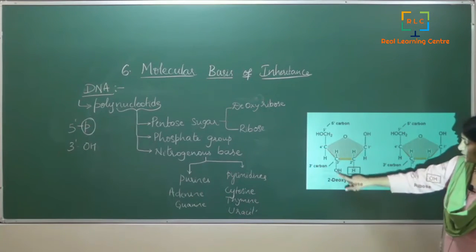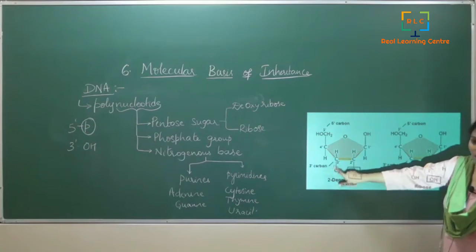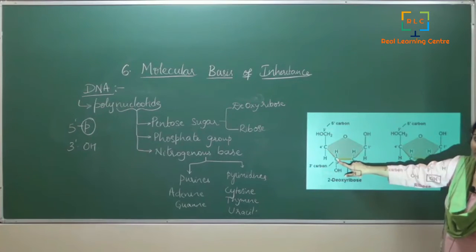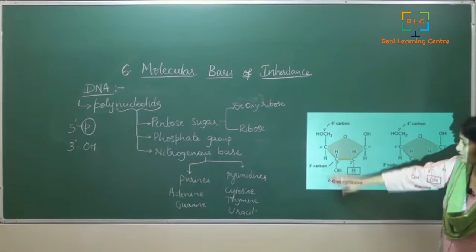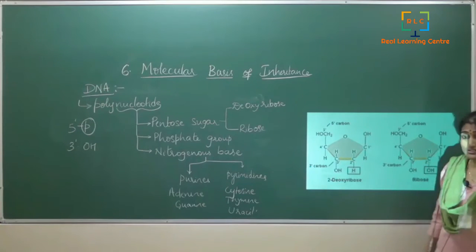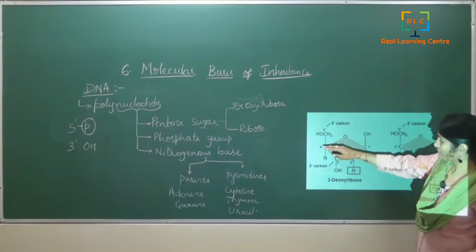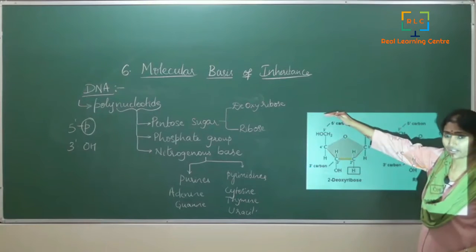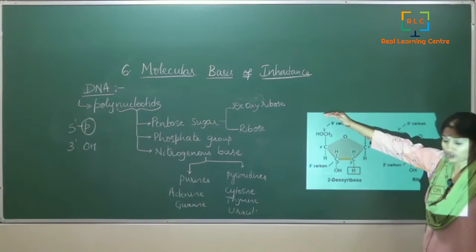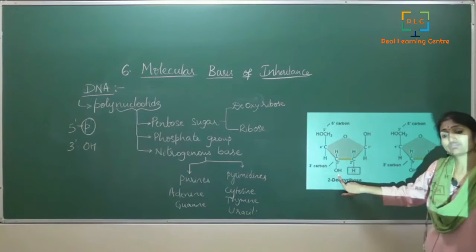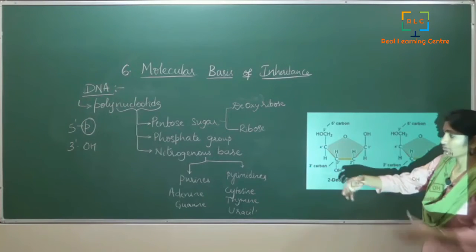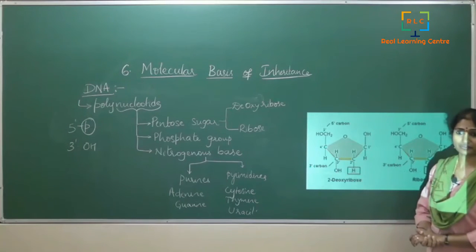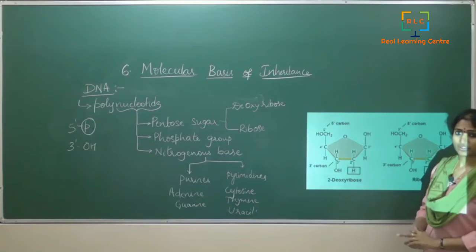Okay, so oxygen comes out, so you have C, H and H, and then the phosphate group attaches here, and then you see that it keeps on growing, right? That is the reason why if there is one end with free phosphate, the other end you will have the free OH, because this OH is not participating in forming the nucleotide, right?